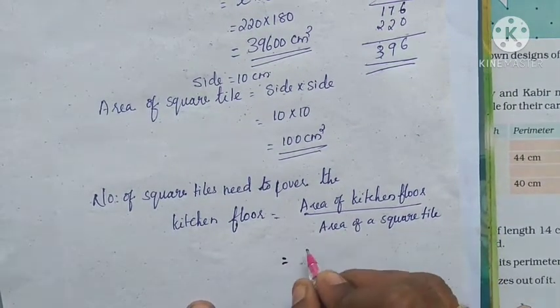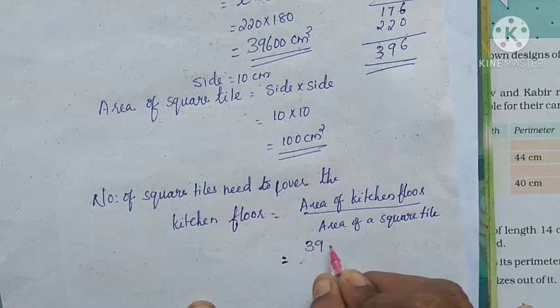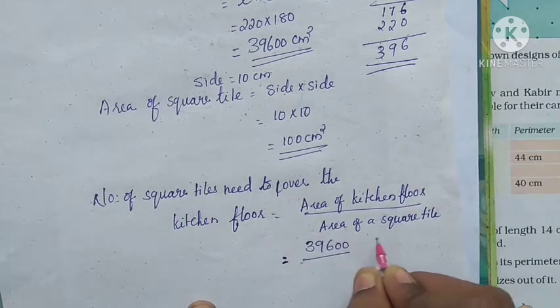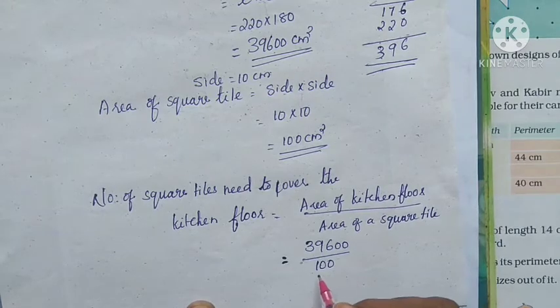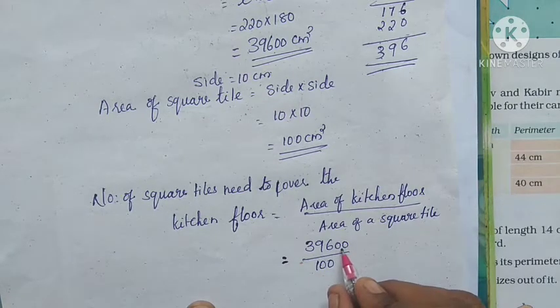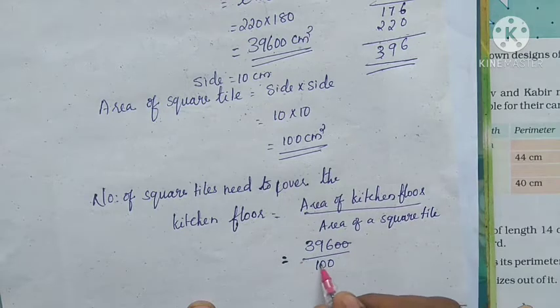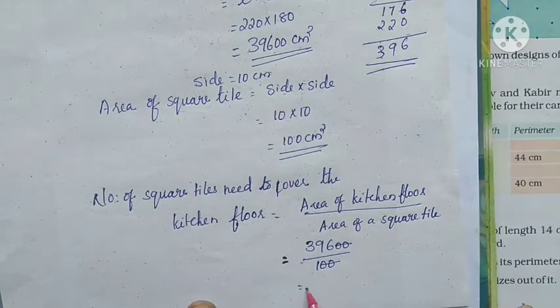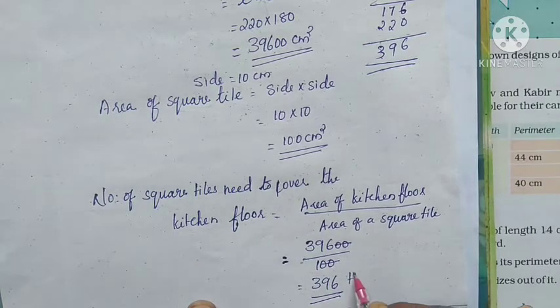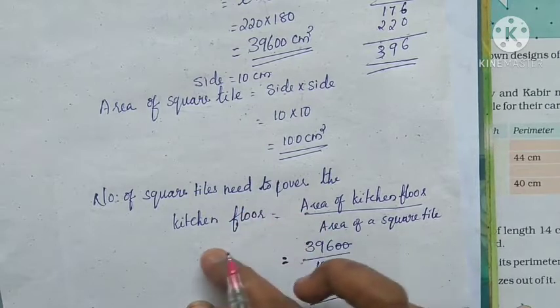Area of the kitchen floor is 39,600 divided by the area of a square tile, that is 100. So here also two zeros, here also two zeros. We have to cancel these two zeros, and then 396 divided by 1 is equal to 396. So 396 tiles are needed to cover the kitchen floor.